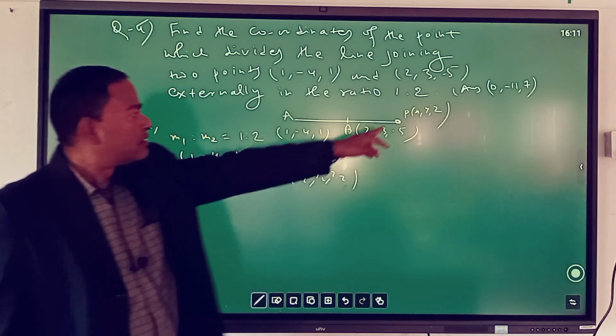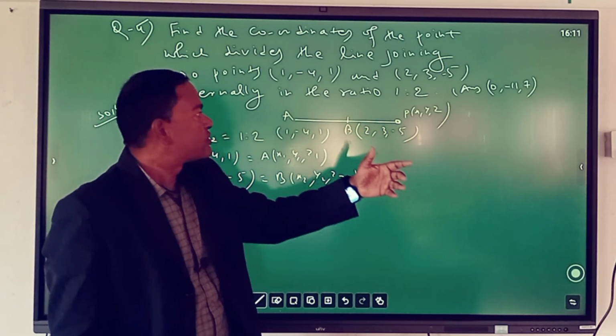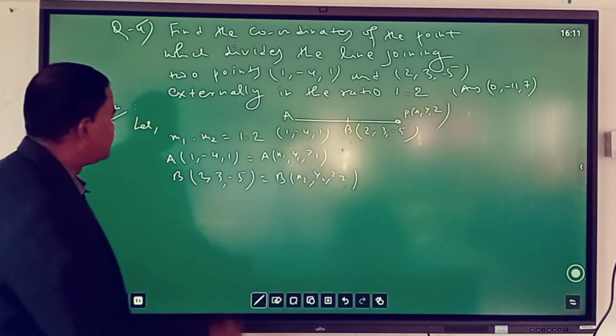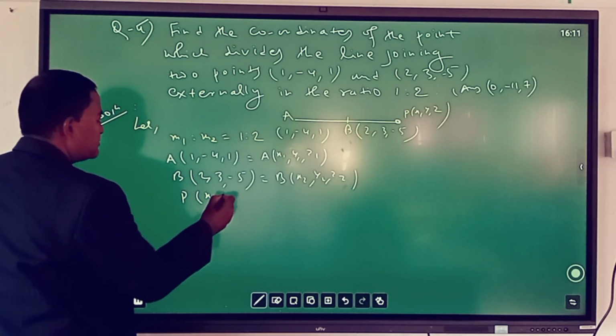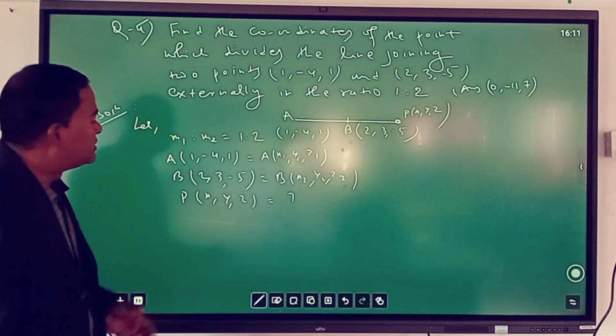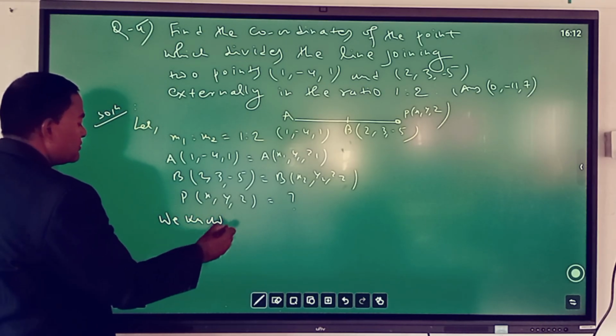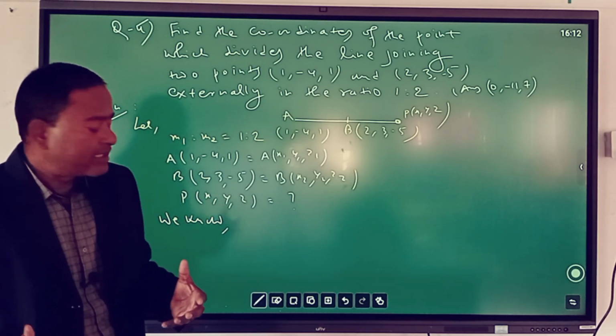And the point which divides AB externally in the ratio of 1:2, let us suppose as P, which we have to find out. So dear students, let's apply the section formula.